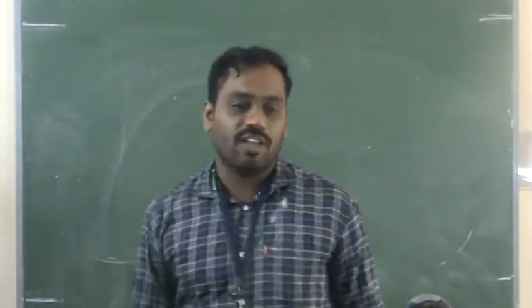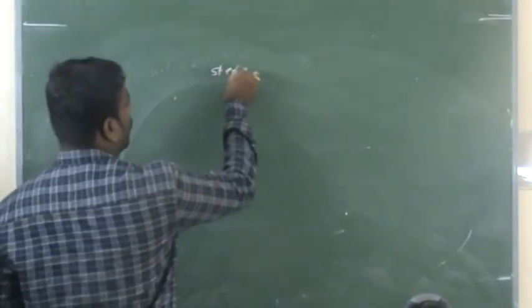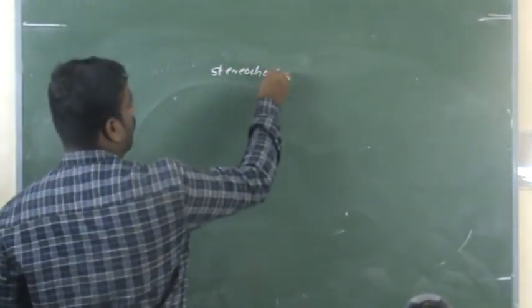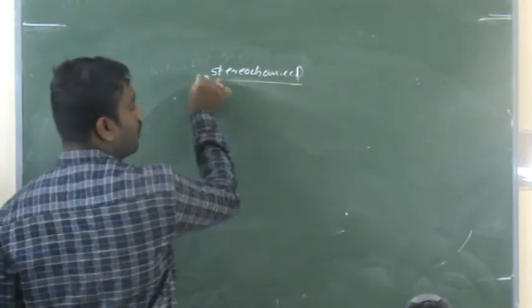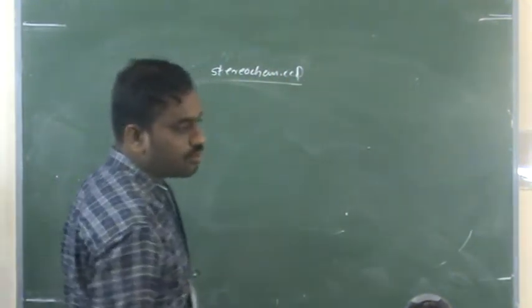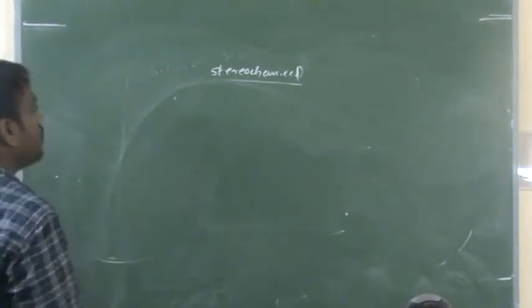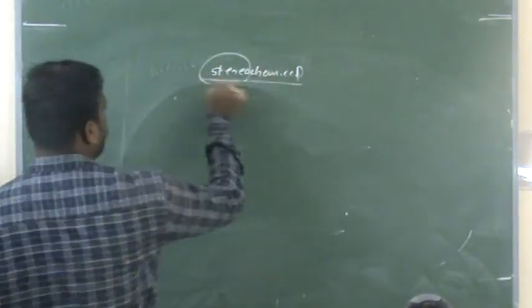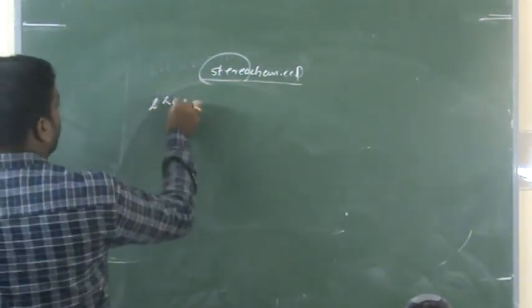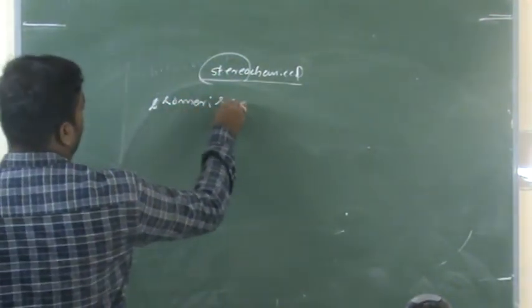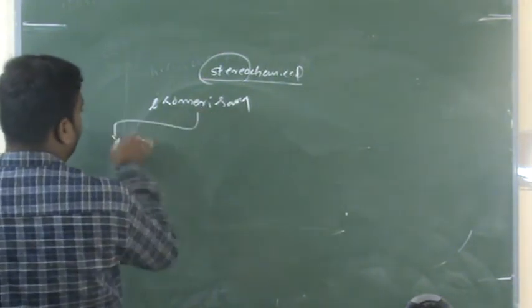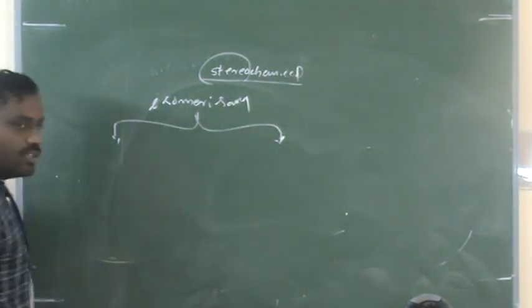There are stereochemical aspects. What is the meaning of stereochemistry? Stereo is nothing but isomerism. When we discussed isomerism in the first year, isomerisms are of two types.